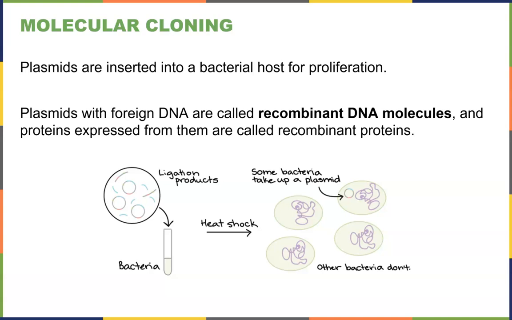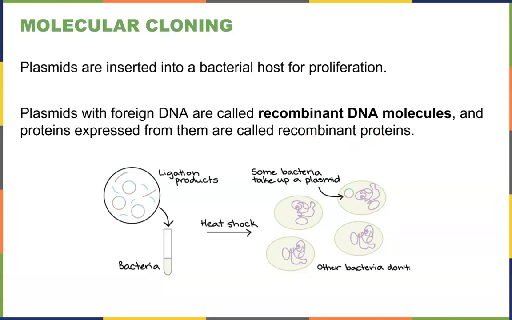Plasmids, so we're going to take them from the bacteria host, and when we put new DNA into another host or into another molecule, it's called recombinant. And so the proteins that we are expressing from that DNA are called recombinant proteins, right? So we have DNA, DNA has genes, genes code for what? Proteins, right? So at the end, we get these new recombinant proteins.